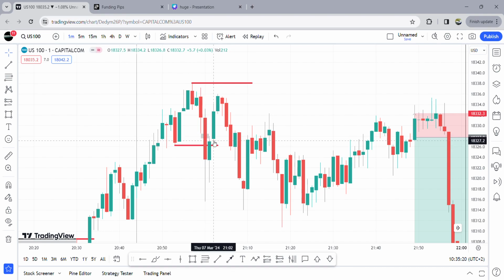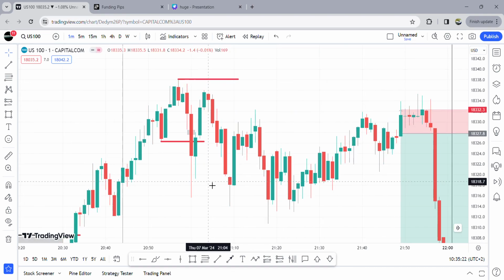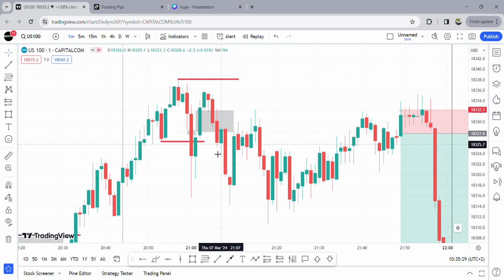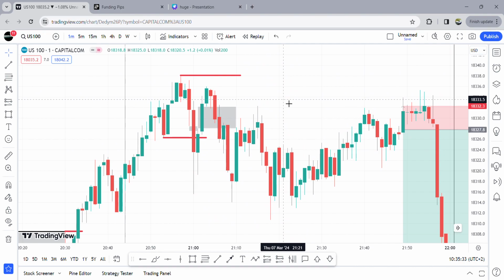And now we've got a fair value gap up. Now to me, I'm immediately looking at this, and if it goes higher from this, I don't want to take a trade. I still haven't looked for entry yet. I'm just looking for the market to give me a reason to go lower.